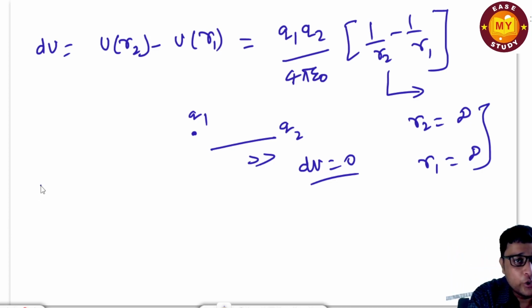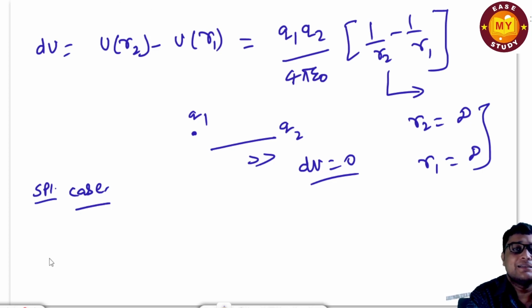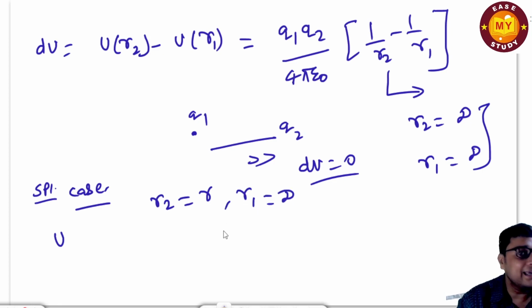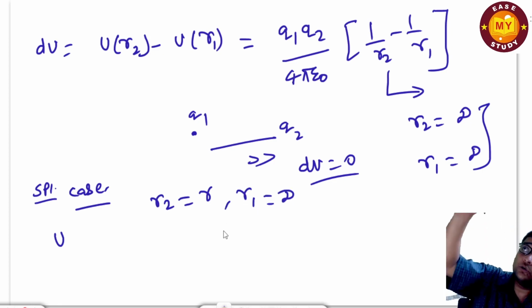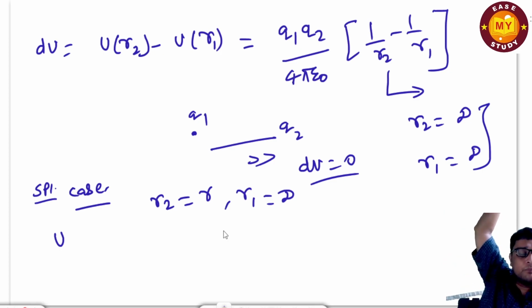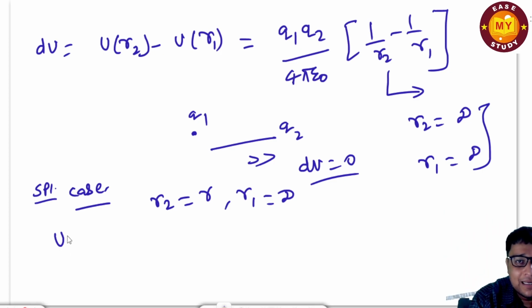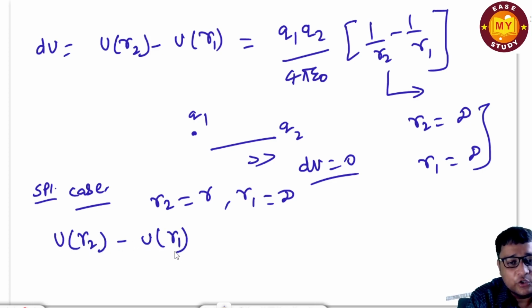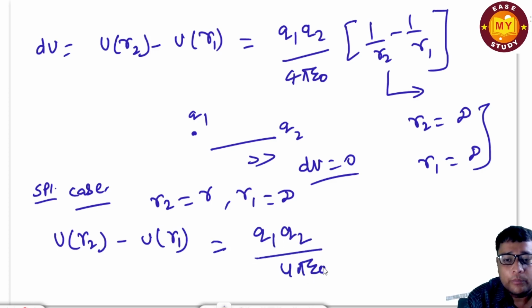So here is another special case. This was the general case, more general. Now suppose r2 is equal to r and r1 is equal to infinity. In that case, you have moved the charge very far away. So ur2 minus ur1 will be equal to q1 q2 by 4 pi epsilon naught, and 1 by r2 is 1 by r, minus 1 by infinity, which is 0.